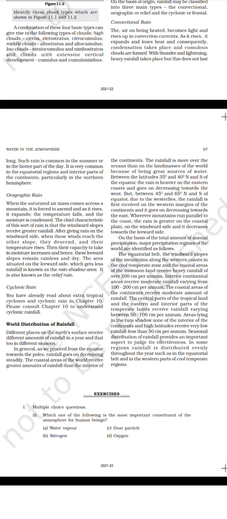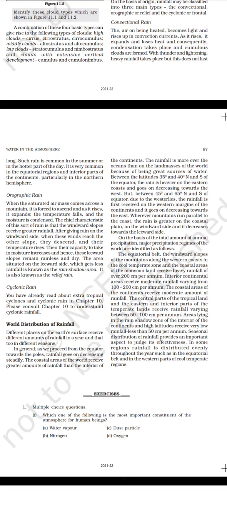After giving rain on the windward side, when these winds reach the other slope, they descend and their temperature rises. Then their capacity to take in moisture increases and hence these leeward slopes remain rainless and dry. The area situated on the leeward side which gets less rainfall is known as the rain shadow area. It is also known as the relief rain.